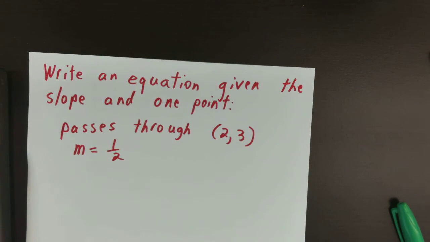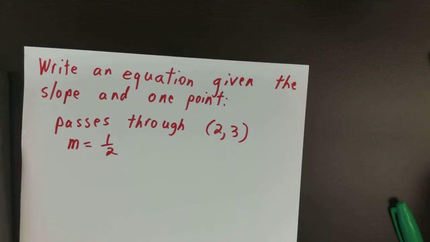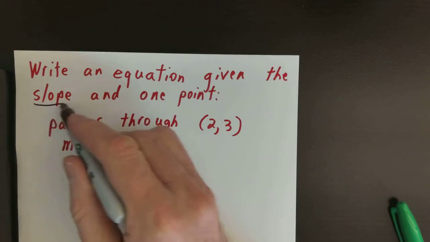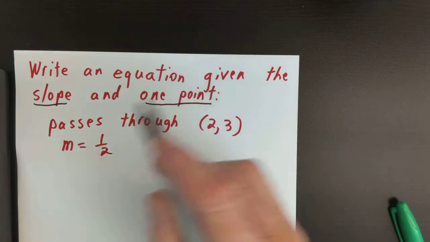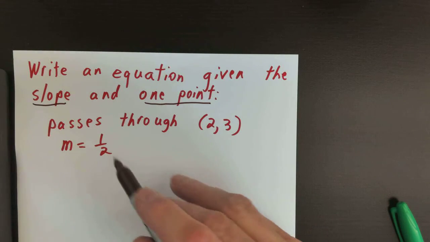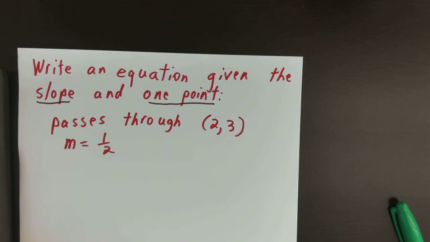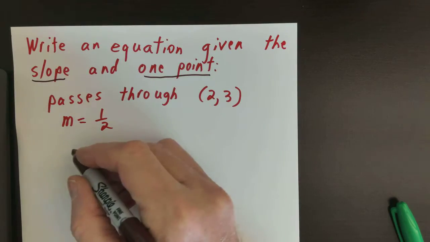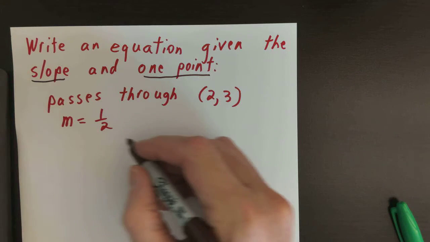Now, the next challenge here is, if we have the slope and the coordinates of 1 point, so in this example, we're passing through 2, 3, and we have a slope of 1/2. Here's the step-by-step.